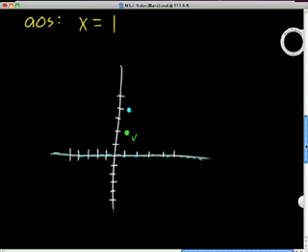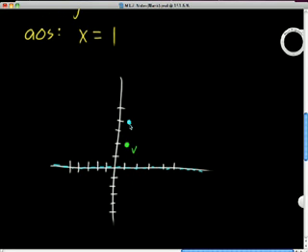In order to find two other points so I can figure out what this parabola looks like, I'm going to use the definition of the parabola: the set of all points, or the locus of all points, that are equidistant from our focus and directrix at the same time. Clearly the vertex is the midpoint between these two, so these two segments are equal.